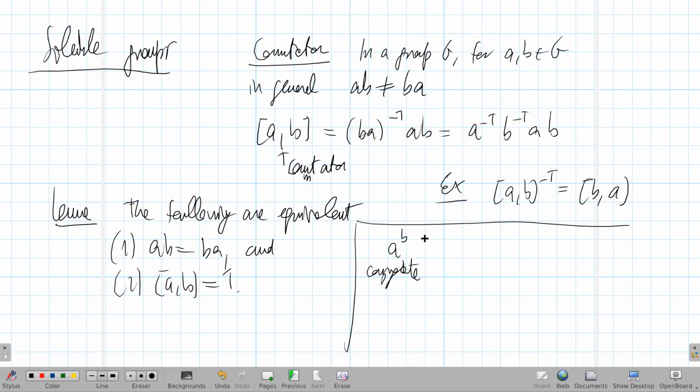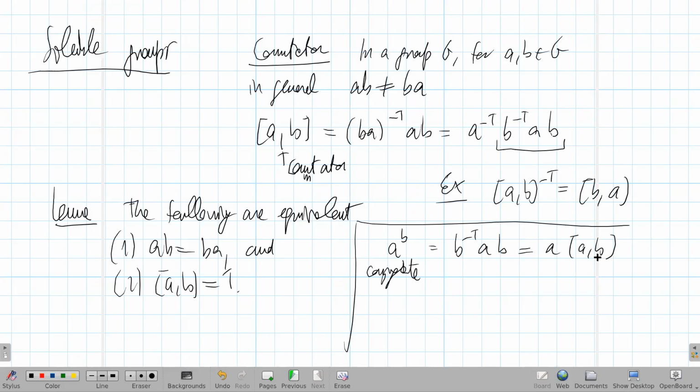This conjugate is B inverse A B, and as you see, there is an A inverse here. So you multiply by this, and you obtain something of this form. So this tells you, and so far this is totally elementary, that if you conjugate A by B, you obtain A, but there is a correcting factor, the commutator.